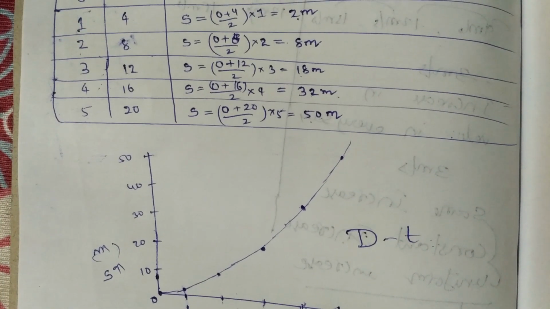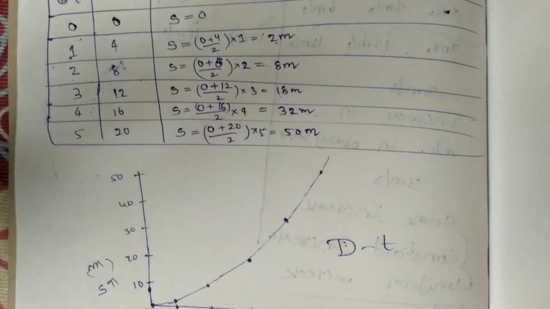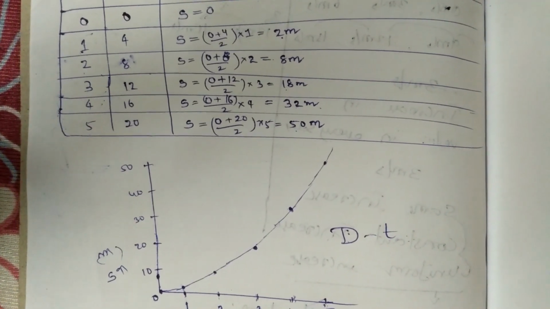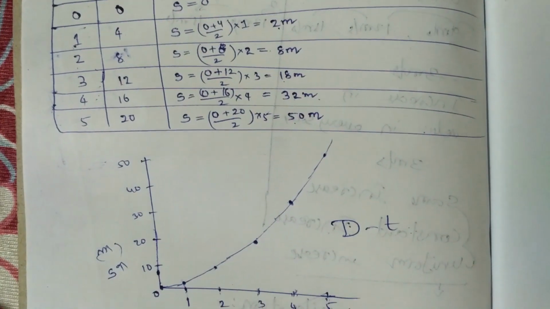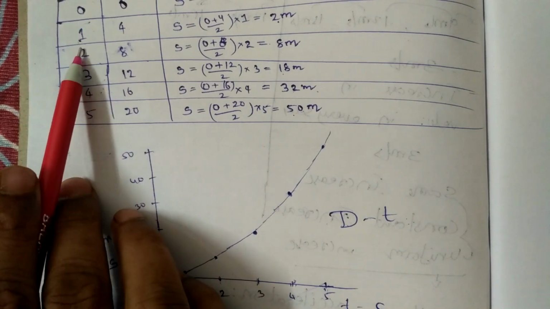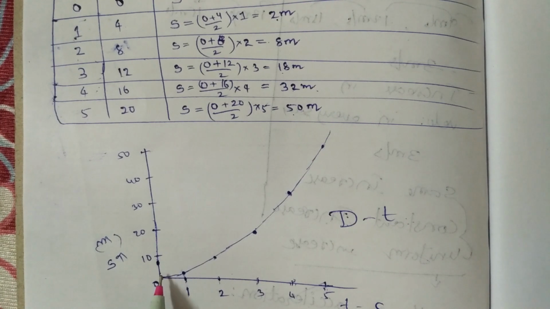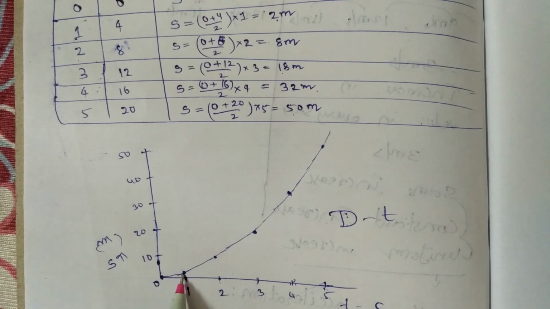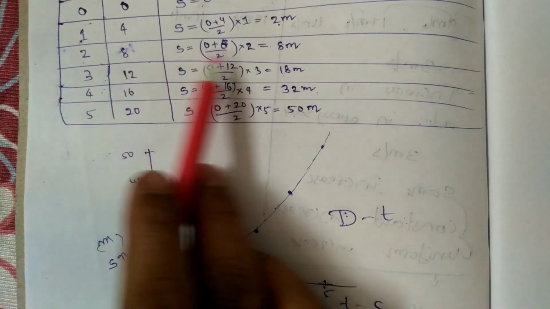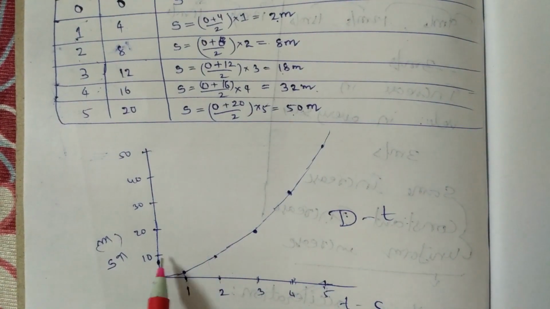At the end of 1 second, the displacement is 2. So 1 on the x-axis, on the y-axis 2. It is 10, so 2 will be somewhere here. So 1 comma 2. 2 comma 8: it is 10, so 8 is somewhere here.